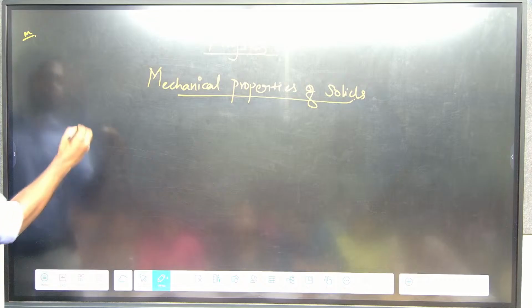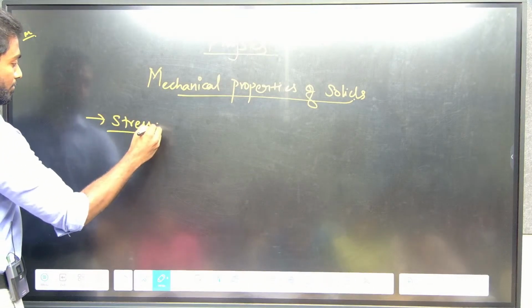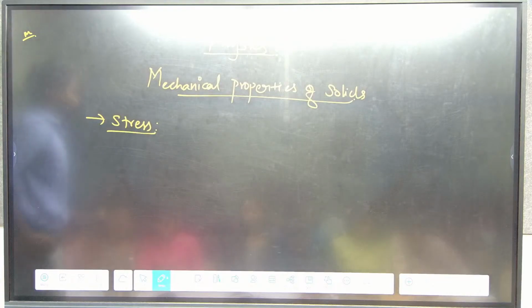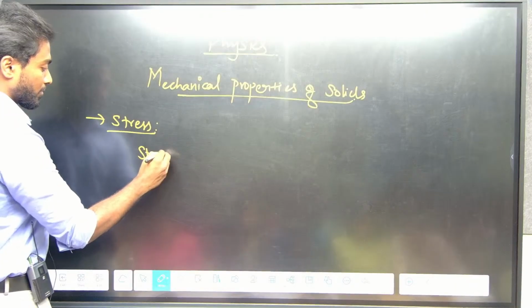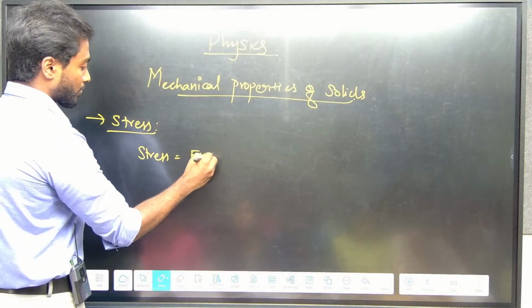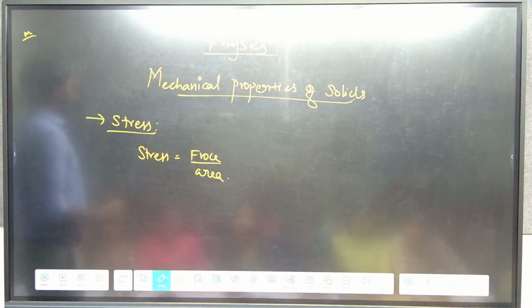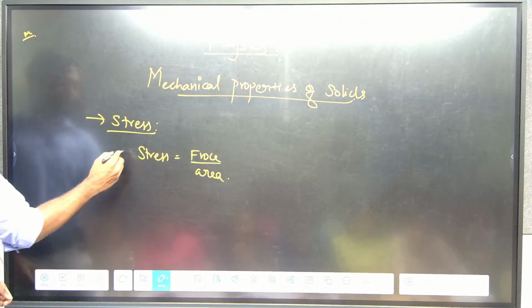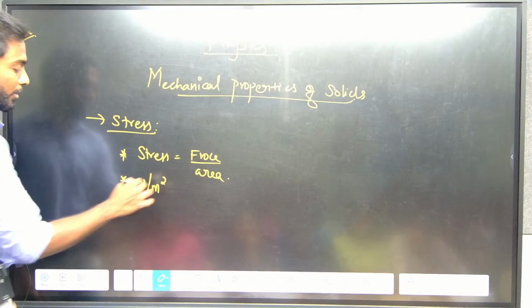So, the next topic is stress. Stress is nothing but force by area. Force by area. So, the SI unit is Newton per meter square.